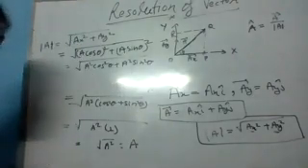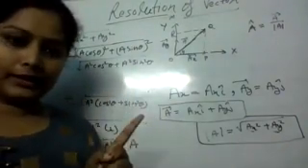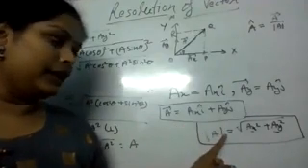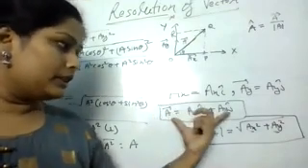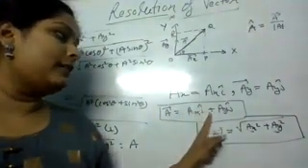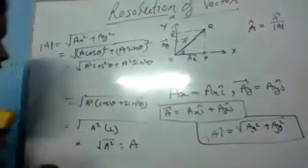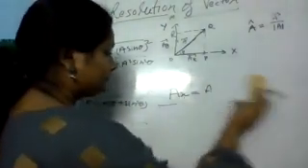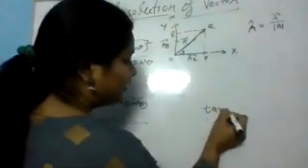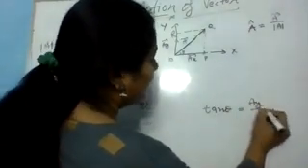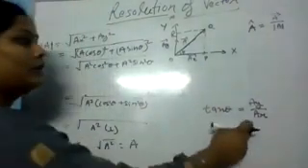यहाँ तक कोई दिक्कत? No, ma'am. In this way we can find out component of vector and we can find out magnitude of vector, right? Now resolution of vector, the representation is A vector equals AX I cap plus AY J cap. Now if I want to find out direction of A vector, the formula is tan theta equals AY upon AX.